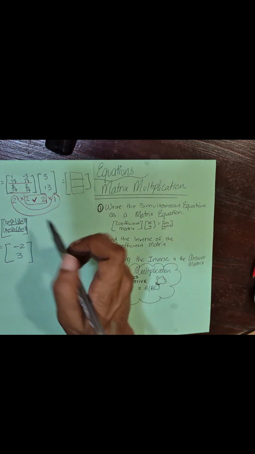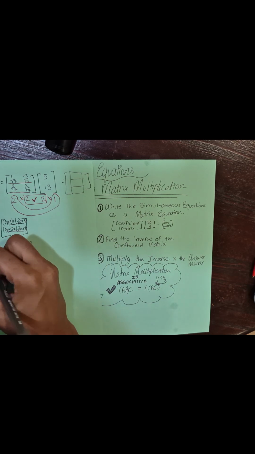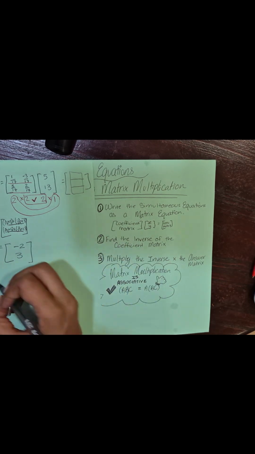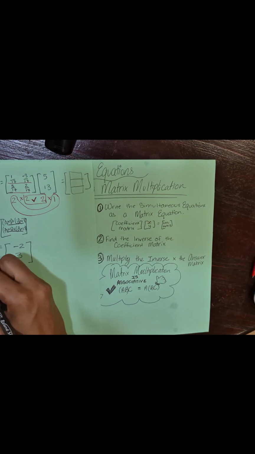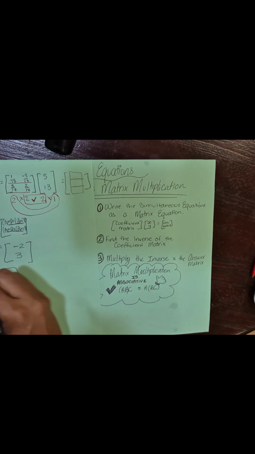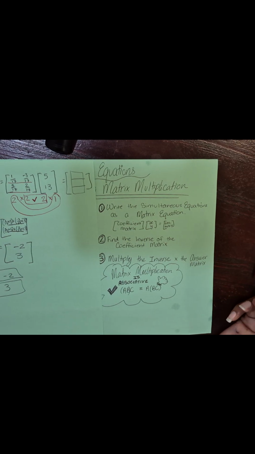So, all in all, when we multiply these two, we get this. So that means xy equals this. So x is -2 and y is 3. Those are our solutions to our simultaneous equation.